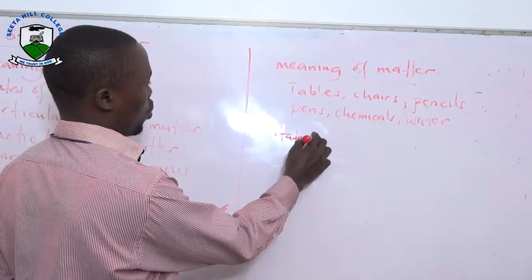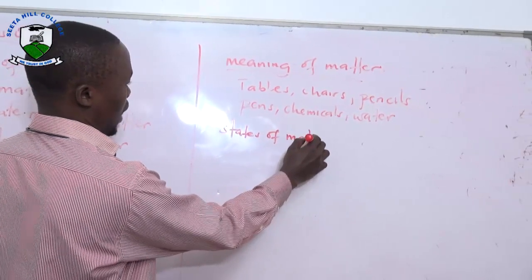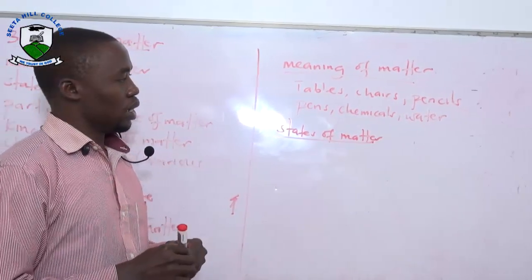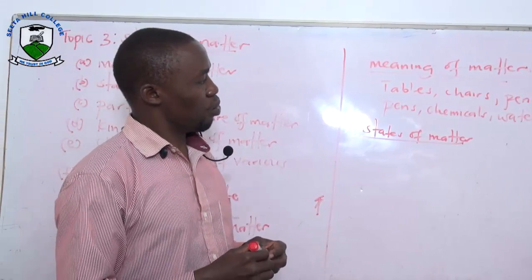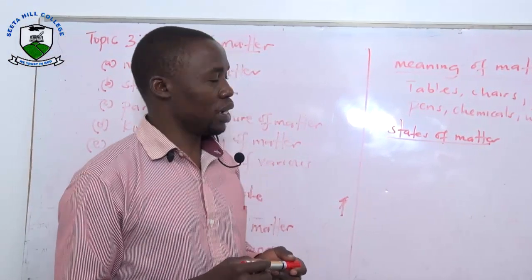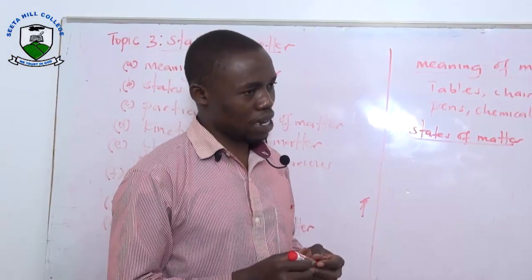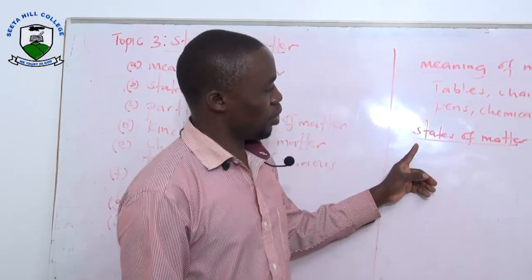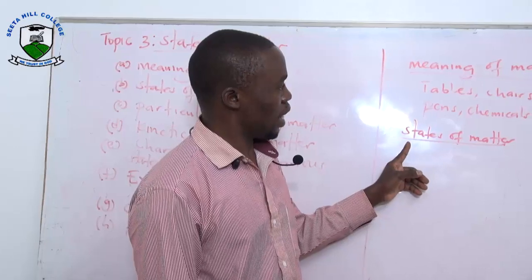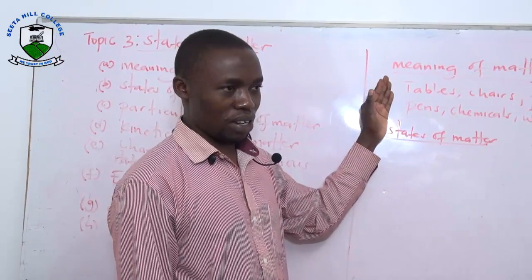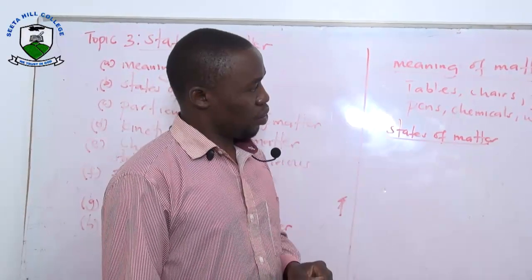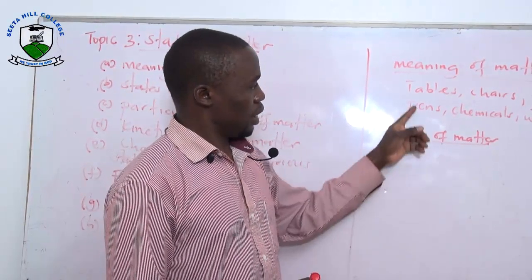Now, states of matter. Subtopic 2. States of matter. Now, we would like to know how many states does matter have. Let me use what you've given me here under the materials we mentioned at first. How could we categorize some of these materials?